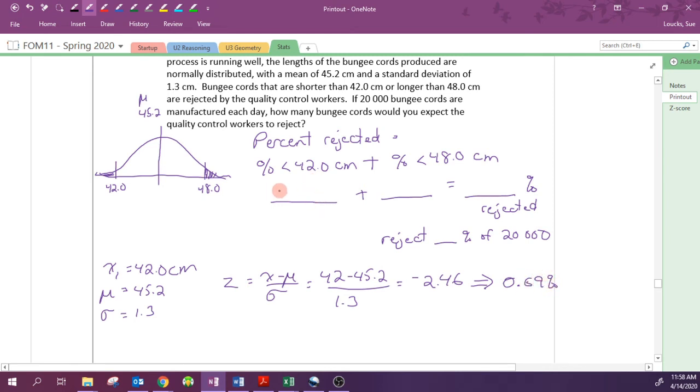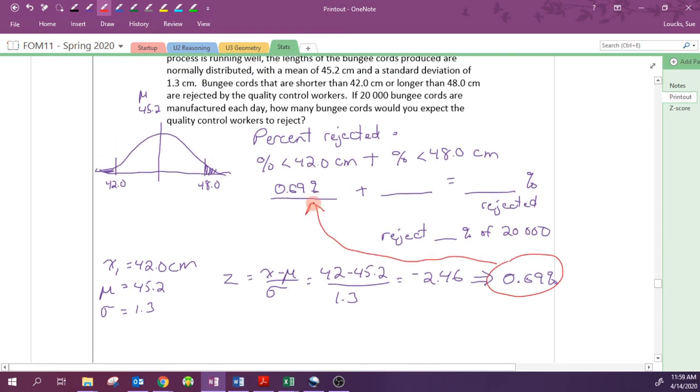So I'm going to write that up here, 0.69%. And I do like to draw arrows to show where things come from. Okay, so that's where that comes from.